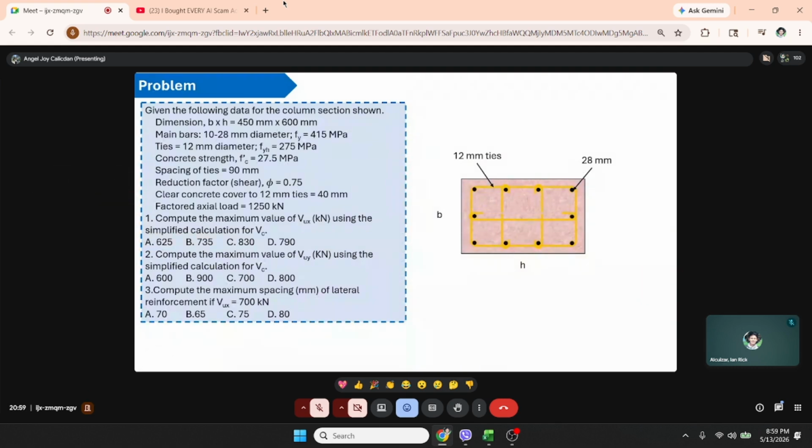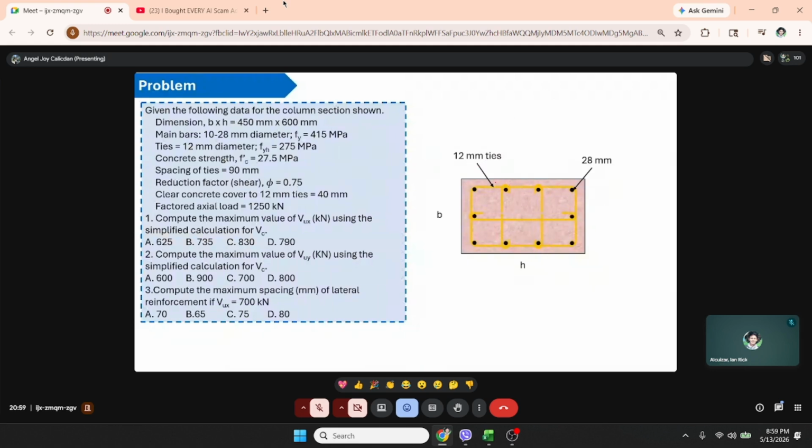So, given the following data for the column section shown, dimensions B by H 450 by 600, main bars 10 pieces of 28 mm diameter, 1, 2, 3, 4, 5, 6, 7, 8, 9, 10. Fy is 415, ties are 12 mm diameter, Fyh is 275 MPa.